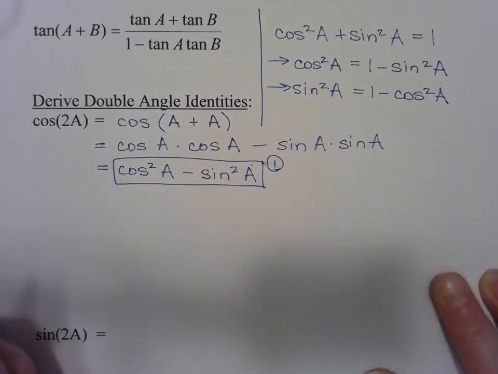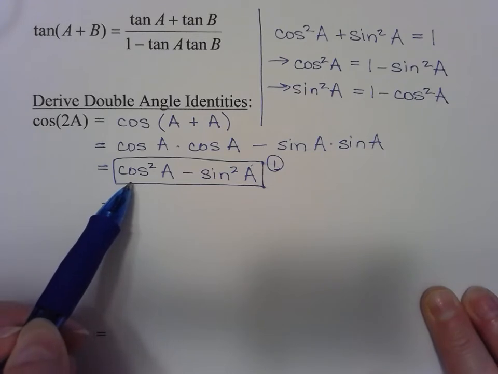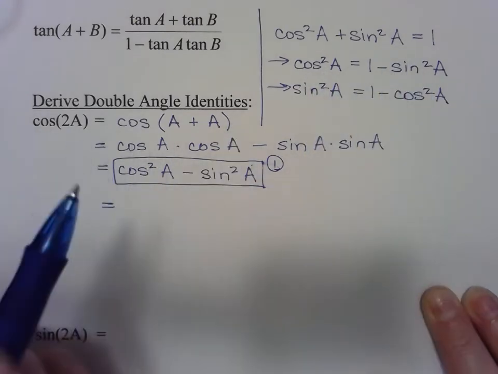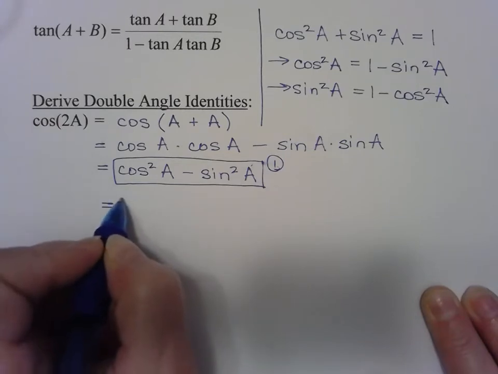Okay, so let's see if we can take what we have and turn it into something else. If we wanted to continue with this, one way to do that is to replace the cosine squared with 1 minus sine squared.